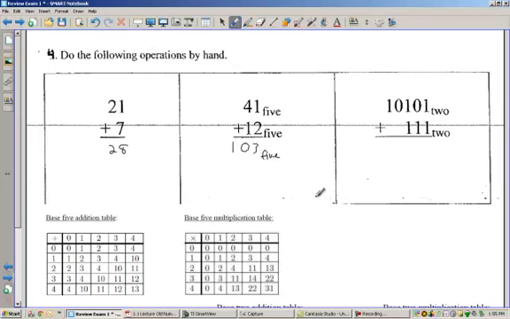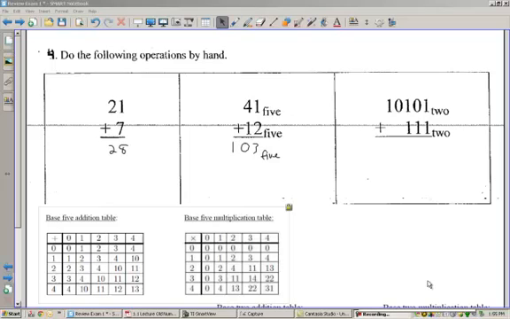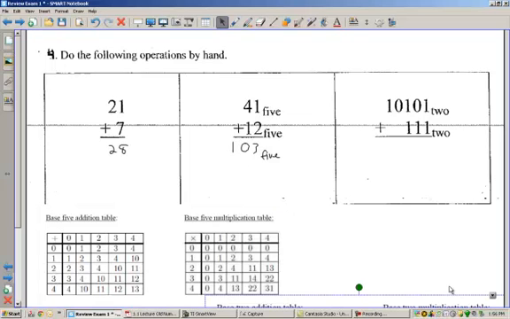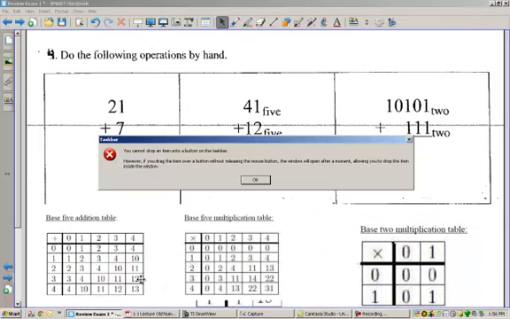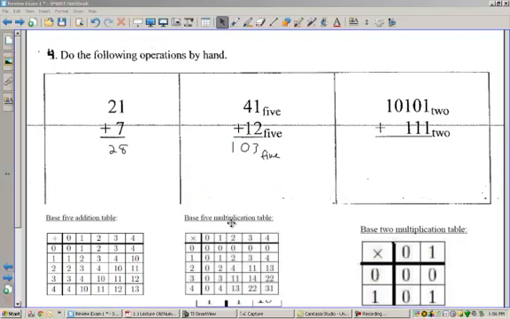Okay. Base 2 now. Let's pull up the base 2 table. Alright, so on base 2, what we have is this base 2 table here.